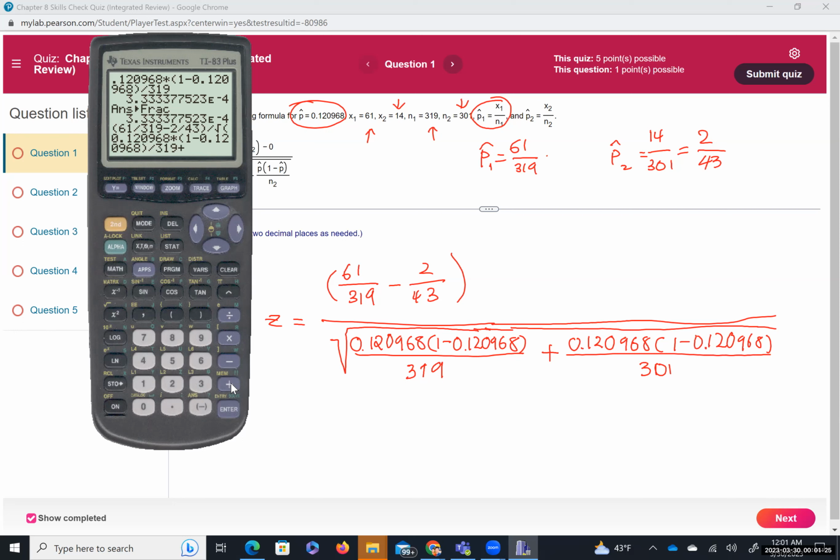Then I plus with, and I do 0.120968 multiplied by parentheses 1 minus 0.120968 equals that, divided by 301.